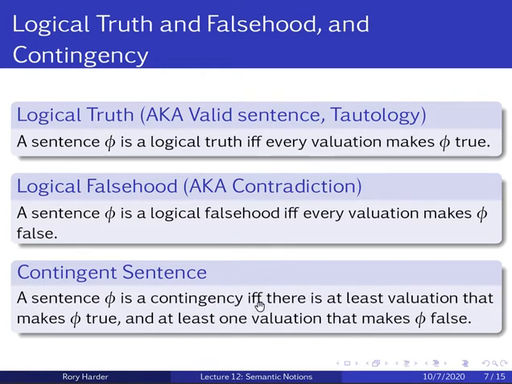The way we tell that is, once we've made the truth table for phi, we look under its main connective, and if sometimes we see T's and other times we see F's, we know that phi is contingent. We know that phi is neither a logical truth nor a logical falsehood. We know that it's possible for phi to be true and it's possible for phi to be false.